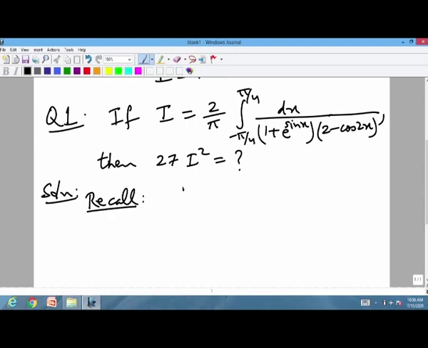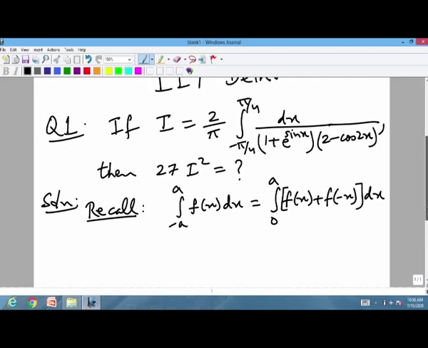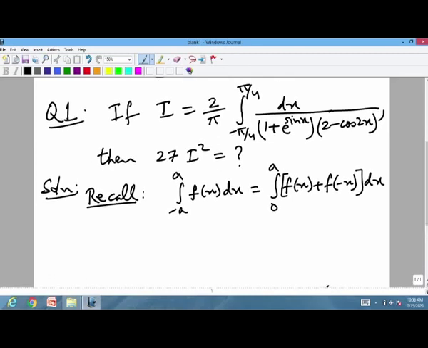For any function f x, integral of minus a to a f x dx is equal to integral of 0 to a of f of x plus f of minus x dx. So, instead of evaluating from minus a to a, we can just evaluate from 0 to a.